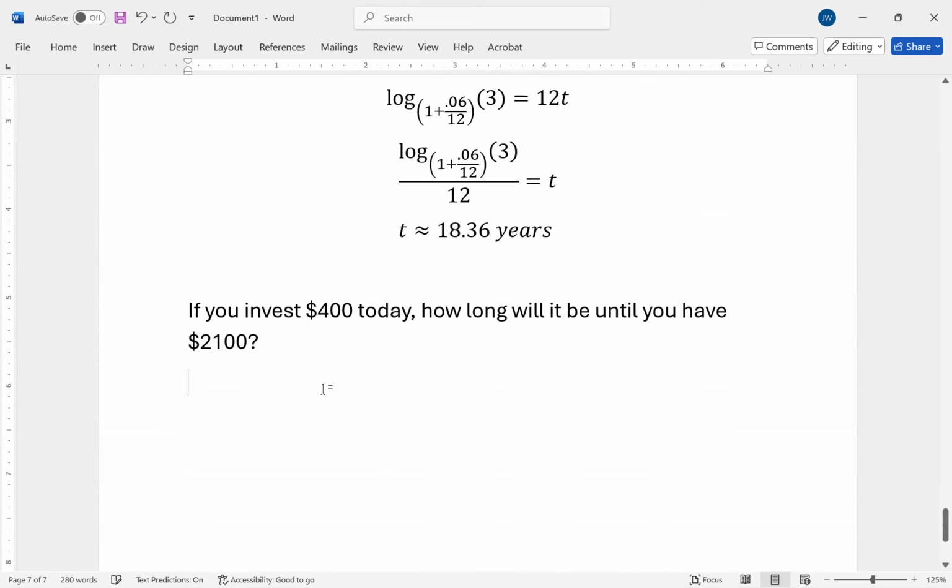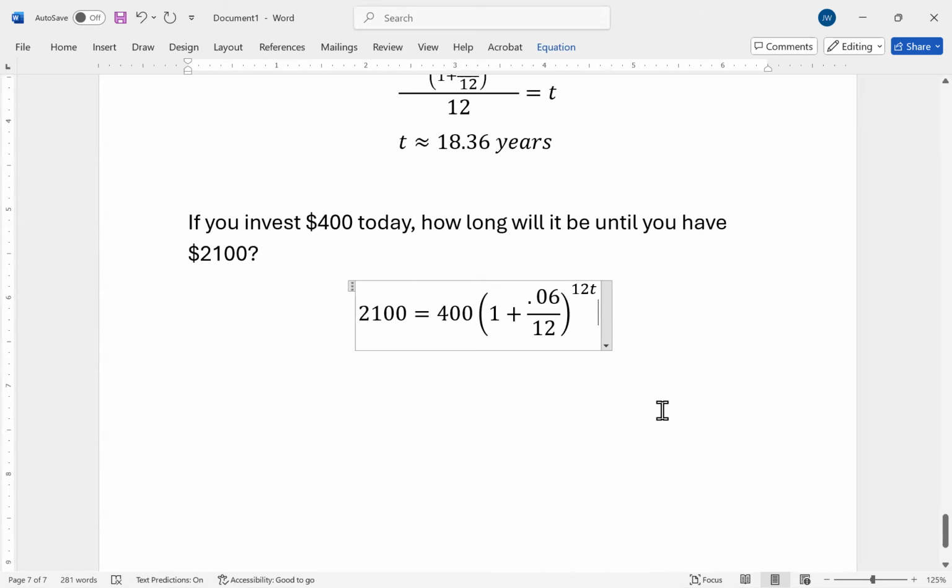This last one is probably just as straightforward. It's asking us how long until a $400 investment at 6% interest compounded monthly becomes $2,100. The first thing I would do is divide both sides by 400.